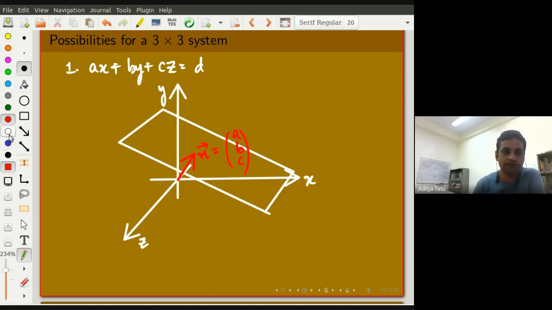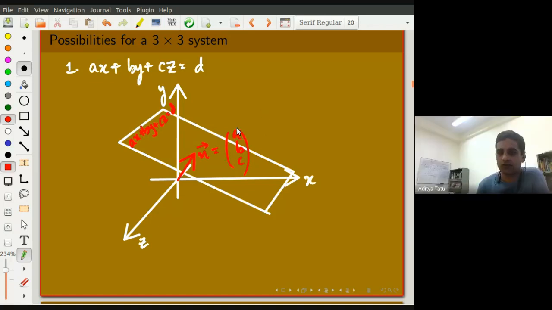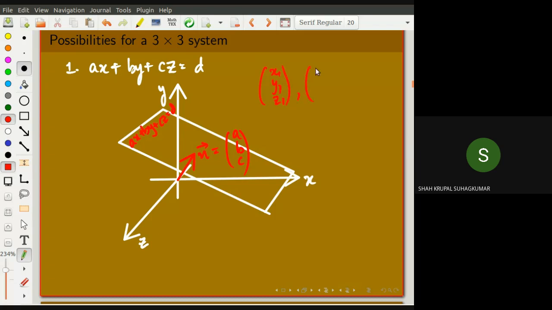Well, why should ABC be normal to the plane? So dot product 0 with any line on the plane. Okay. Right. So all of you are aware of that? X1, Y1, Z1, and X2, Y2, Z2.